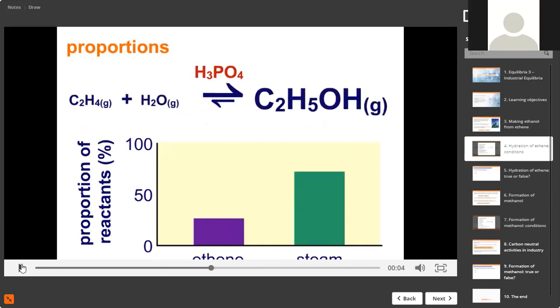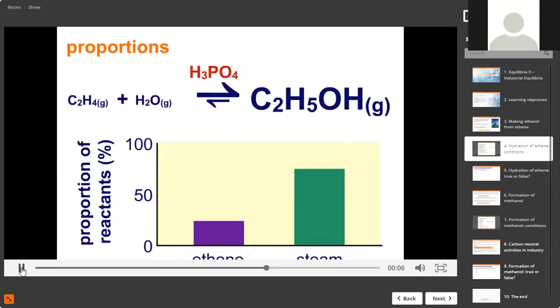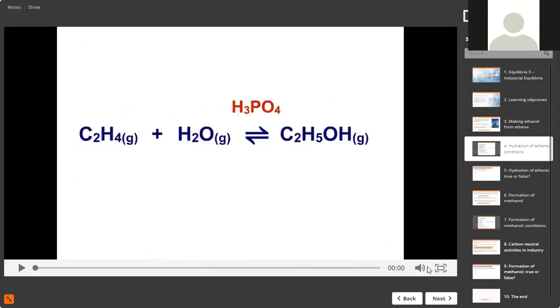If we increase steam, we actually get an increase in ethanol being produced. So steam being our water. But we choose steam because steam is a lot more economical than providing more ethene. So that is one way that we can increase production of ethanol.